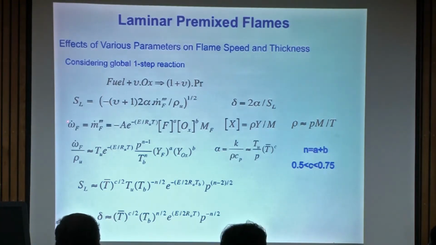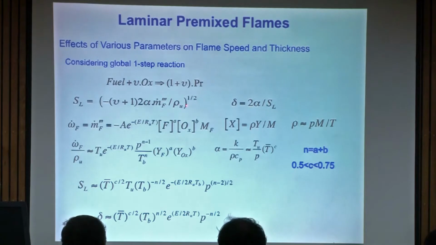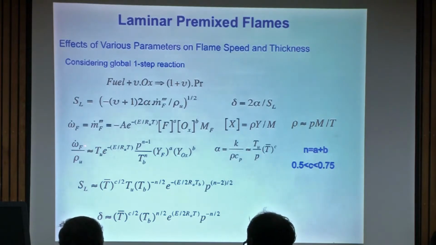So substitute these two equations into the reaction rate, and what we see here is reaction rate divided by rho u. So we're writing the equation for this ratio. Now this also contains alpha.